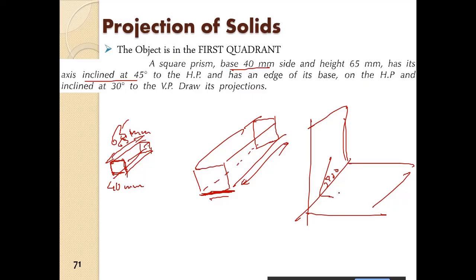Alright, and the base edge is inclined at 30 degrees to the VP. Right, so that means the entire thing is also inclined at 30 degrees to the VP. So it is like this. So it is 45 degrees from the HP and 30 degrees to the VP.